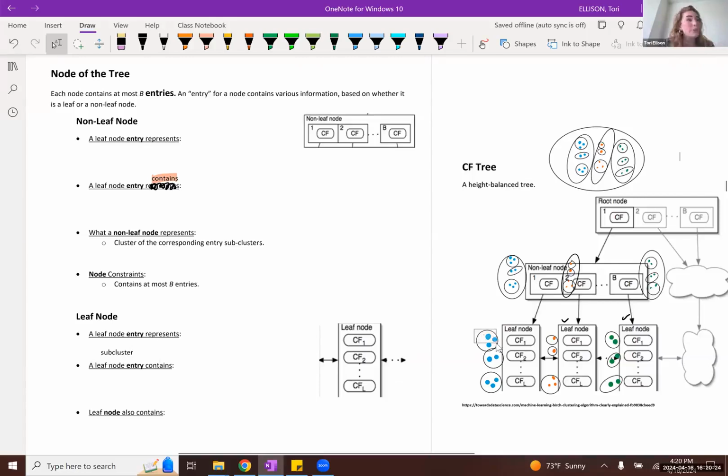So this particular CF entry here might correspond to this subcluster. And what the leaf node entry actually contains is the clustering feature, the CF, of the corresponding subcluster that it represents.